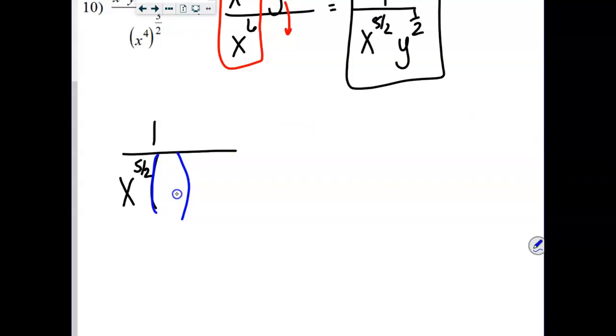But remember in math, if you randomly throw a factor into a denominator of a fraction, don't you also have to throw it up here? And we're going to do something similar with the y's. We have a y to the 1/2, and I'm going to multiply him by something. I'm going to call it the green thing. But again, if I do something to the denominator of a fraction, I have to do it up here as well. That's how I keep fractions balanced.